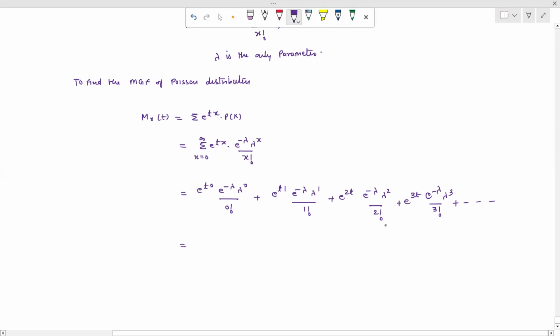So this gives us e raised to the power minus lambda, plus the second term we write as e raised to the power minus lambda, lambda e raised to the power t upon factorial 1. Next term: e raised to the power minus lambda, lambda e raised to the power t whole square upon factorial 2, plus next term: e raised to the power minus lambda, lambda e raised to the power t whole cube upon factorial 3, plus and so on.